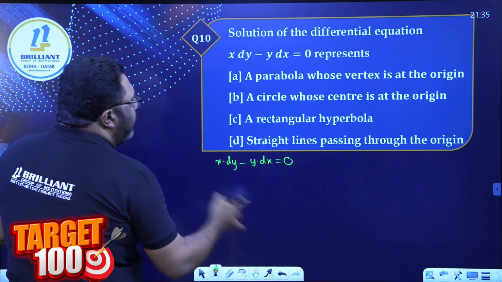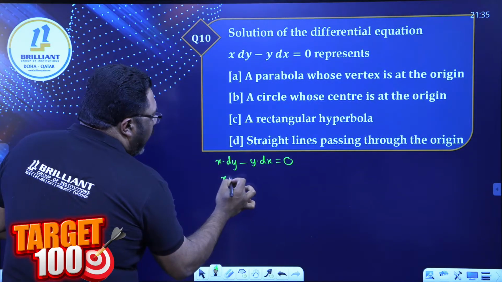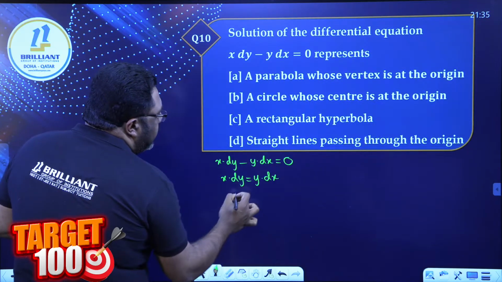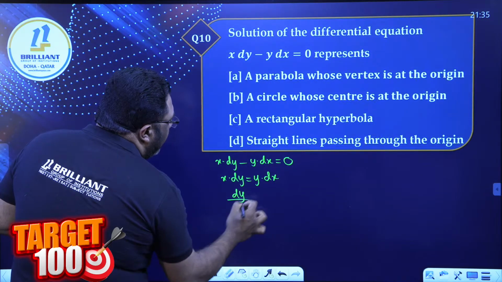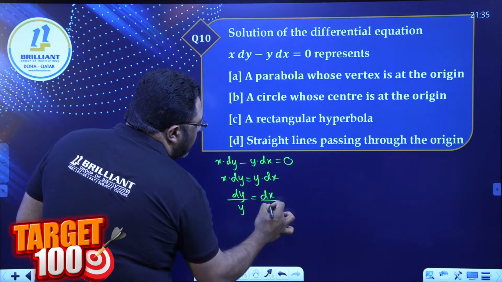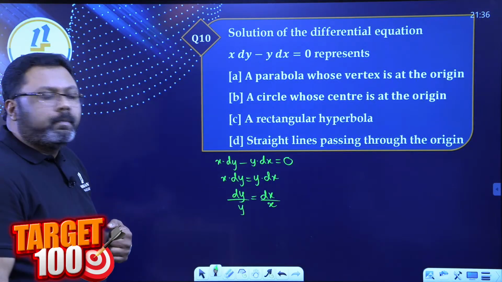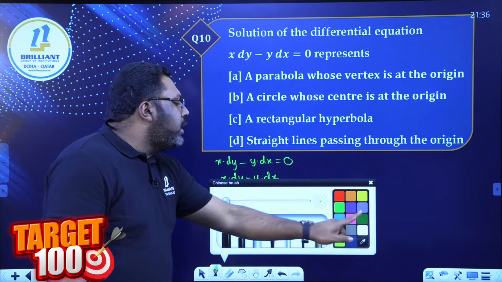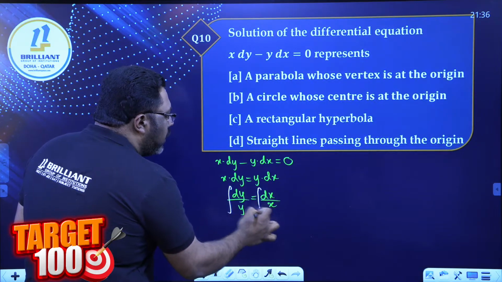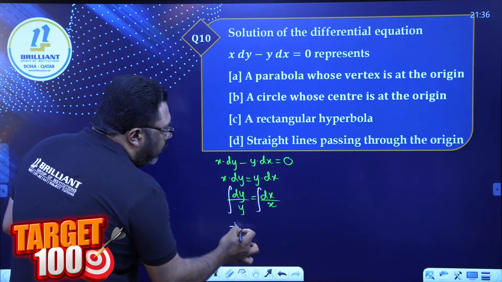It's a simple separable form. x dy equal to y dx. Separate it. dy by y equal to dx by x. Simple integration on both sides, right? What is the integral of 1 by y?